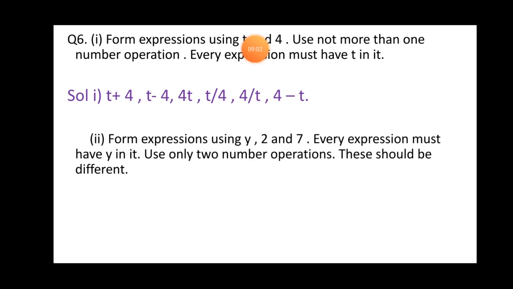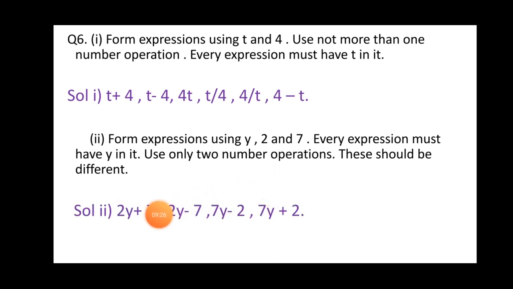Now here comes the second option, that is form expressions using y, 2 and 7. Here you can see that we have two numbers, 2 and 7, and only one variable, that is y. Using these given things we have to form expressions, and all of them should be different.